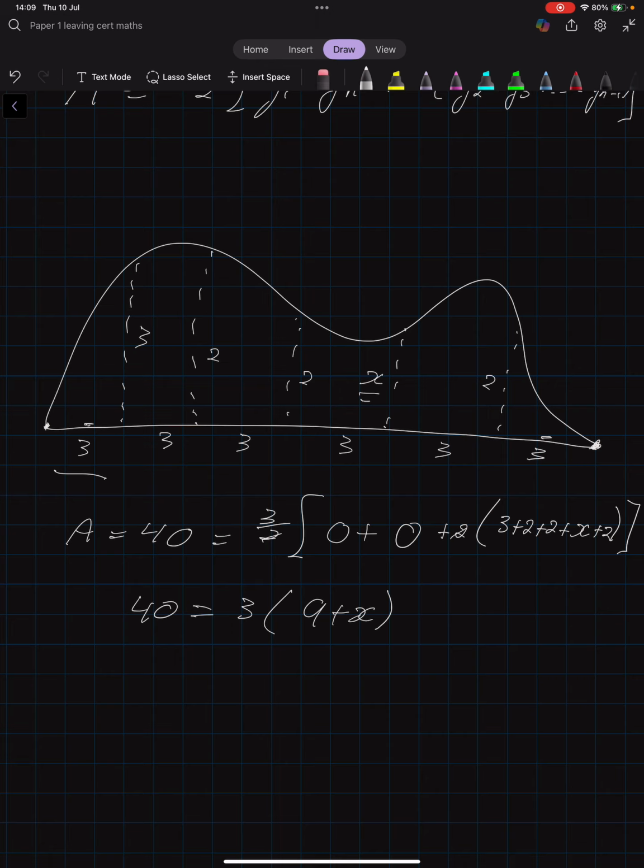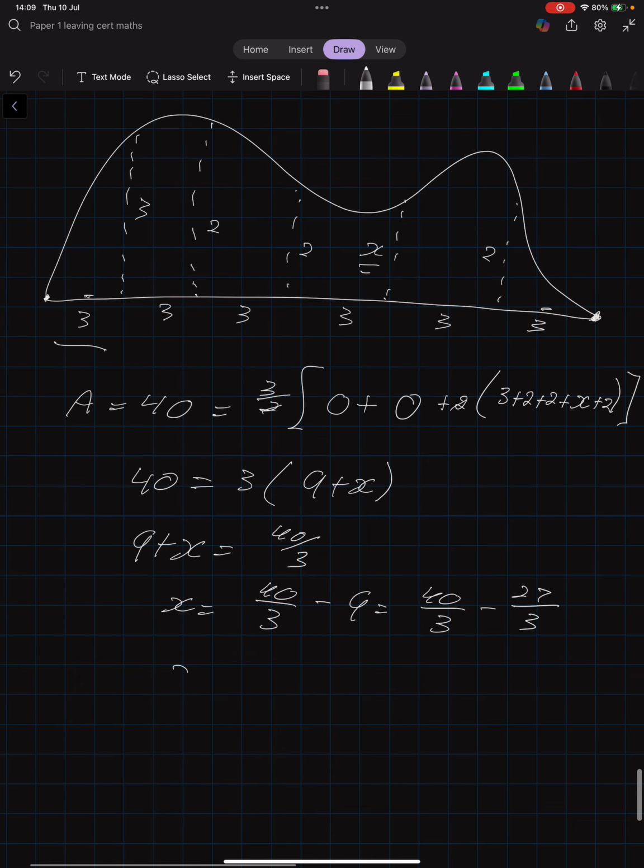So I can divide both sides by 3 and say 9 plus x is going to be 40 over 3. So x is going to be 40 over 3 minus 9, which is 40 over 3 minus 27 over 3. So x is going to be 13 over 3 units. Okay?